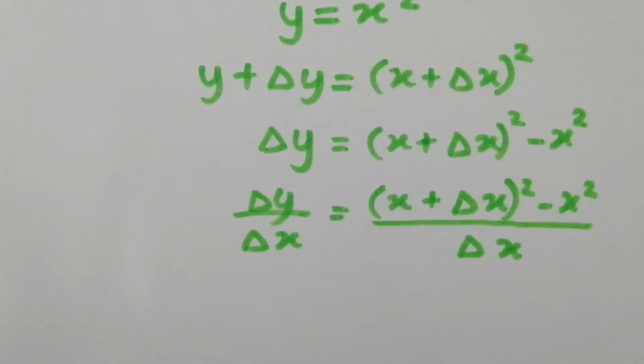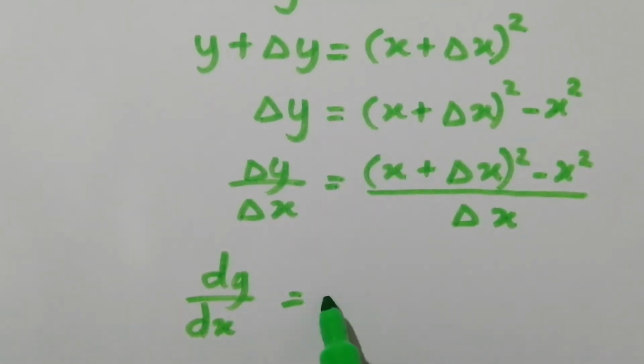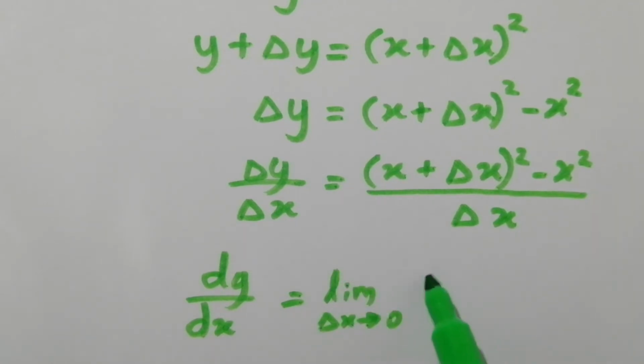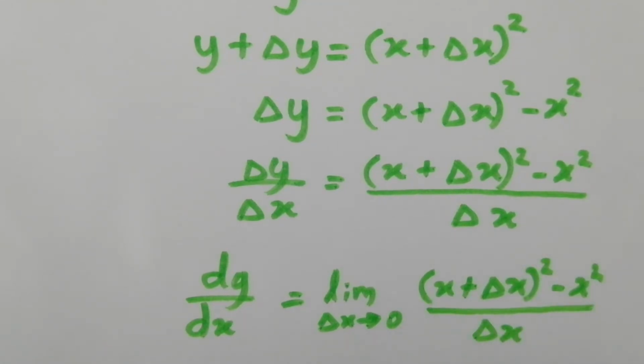Now dy upon dx is equal to the limit as delta x approaches 0 of (x plus delta x) squared minus x squared upon delta x. Now I can find the limit of this value.